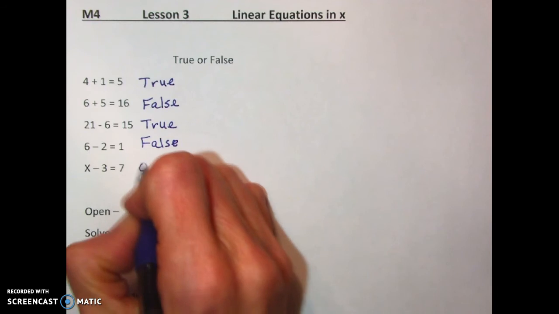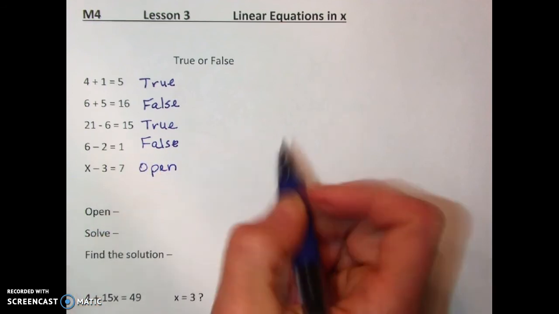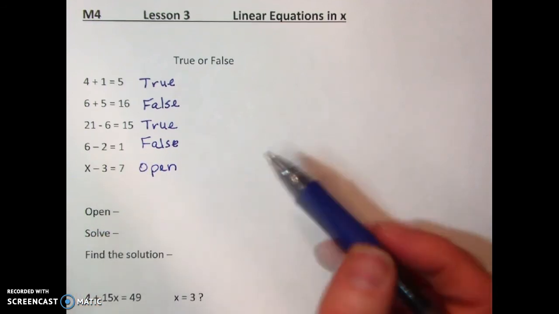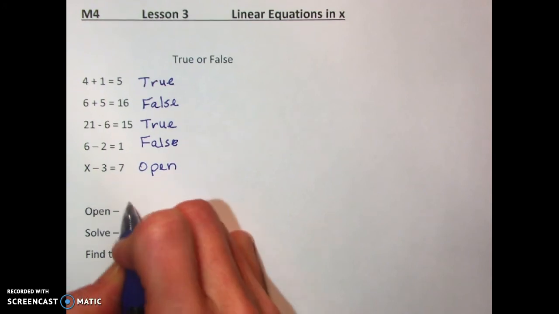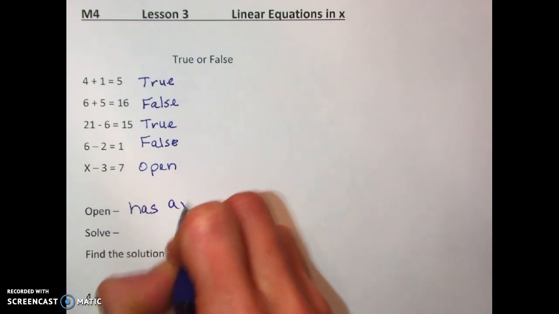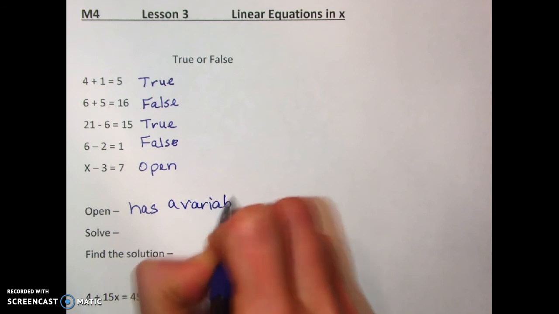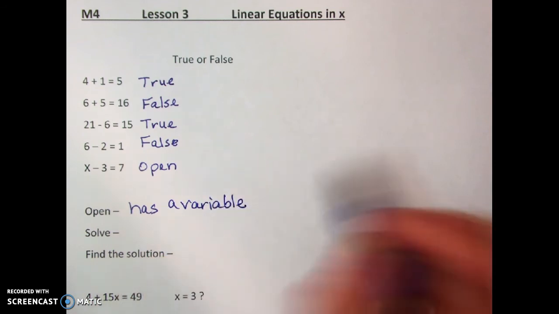So this is called an open sentence where it's not true or false. What we are trying to do though in our problems is figure out what the answer to X is to make it true. Okay, so an open sentence usually has a variable in it, and we don't know if it's true or false.